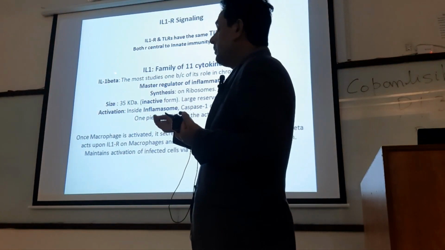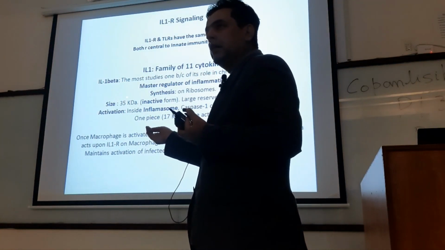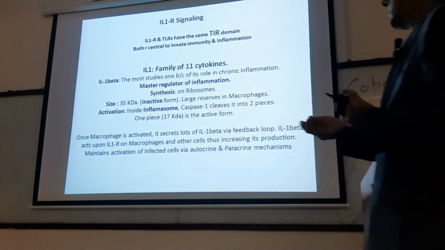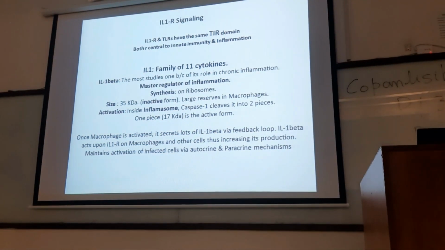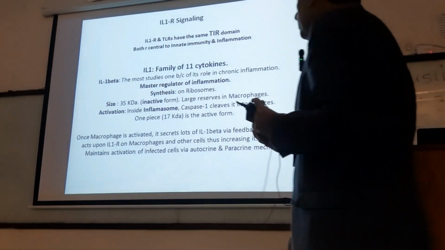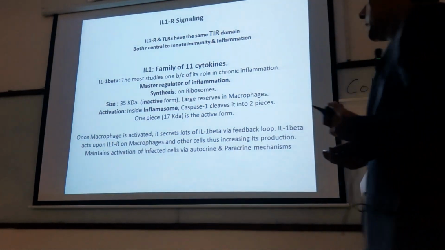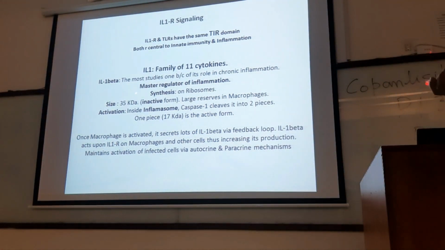But the most important one is interleukin-1 beta. Okay? This is considered as the most important because in most of the studies, they have implicated that interleukin-1 beta is involved in chronic inflammation. This is called the master regulator of inflammation.